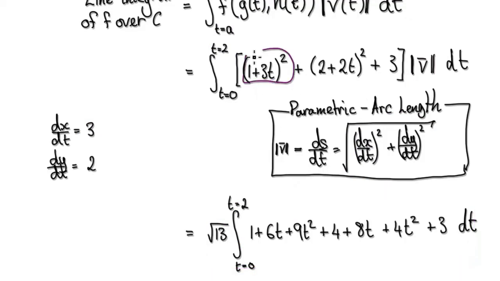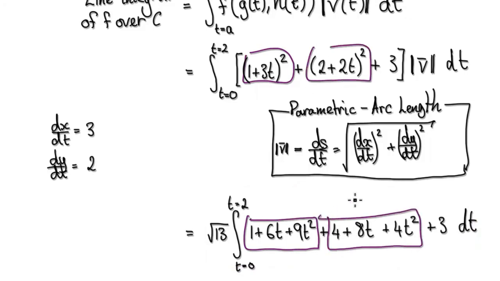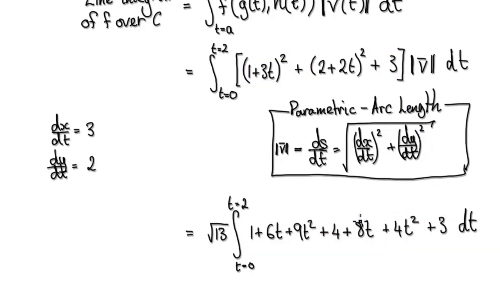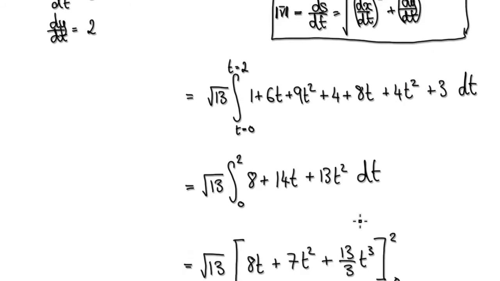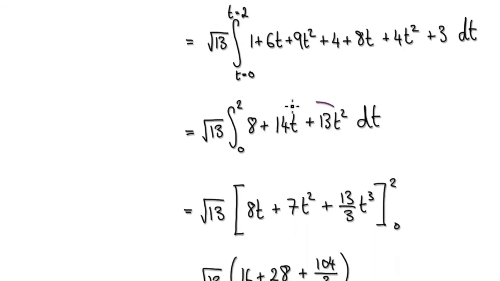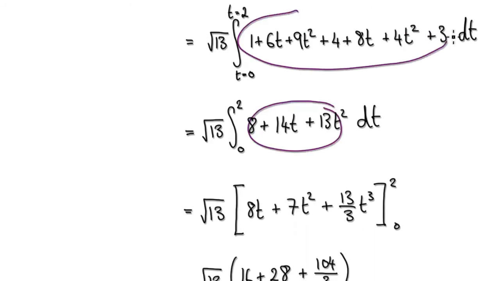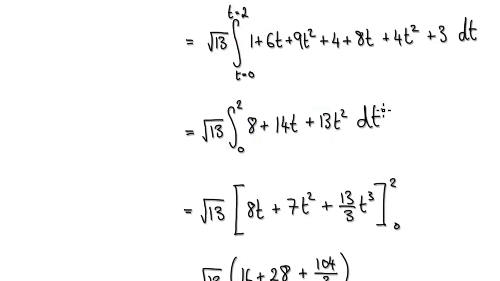When you square this, it will give you this, and when you square this, it will give you this, and then you've got your constant there. Tidy this whole thing up, it will become this.